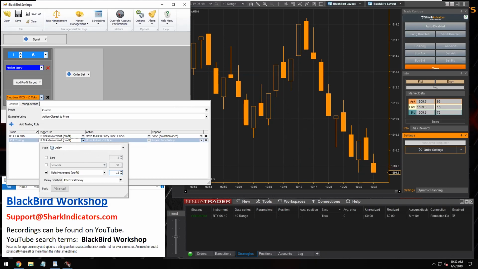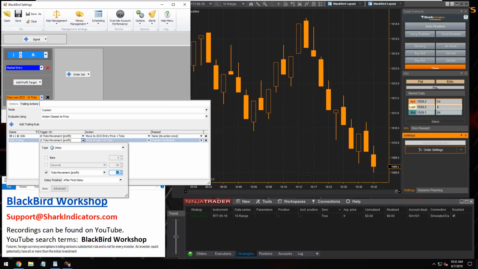Once you walk through the logic and the math, tick by tick, step by step, you realize that you actually need the market to make 12 ticks in profit before a stop loss will start trailing 10 ticks. Yeah. So there we go.